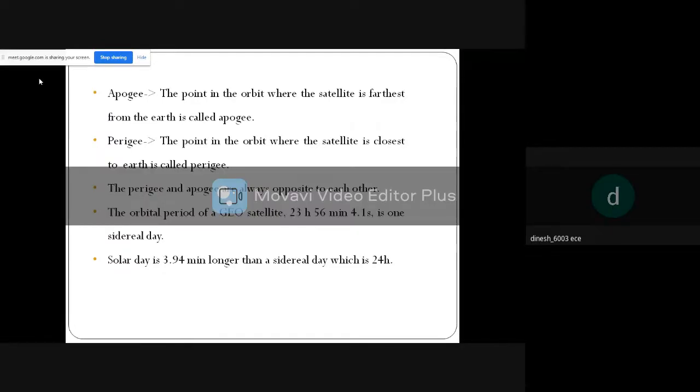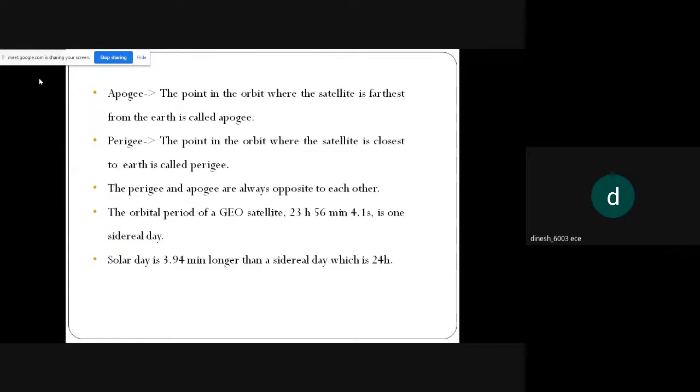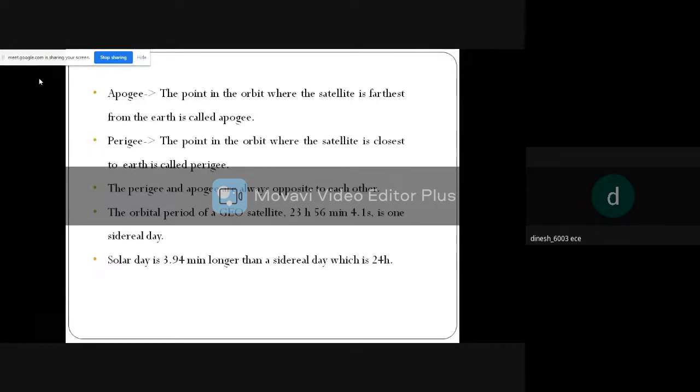Always the perigee and apogee will be opposite to each other, and they calculated the orbital period of a GEO, geosynchronous satellite, as 23 hours, 56 minutes, and 4.1 seconds, which is one sidereal day.